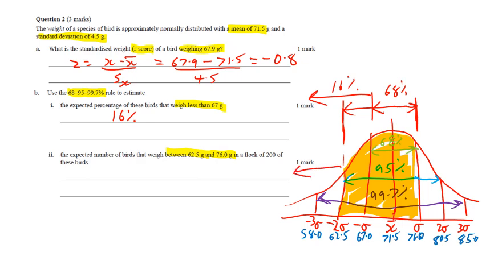So if that's 95% between here and here, then you've got 5% to the left and 5% to the right on either side. So this is 2.5%, half of 5%, and this is 2.5%. So we want to have the 68% plus the 16% minus the 2.5%, because we want to cut that off.